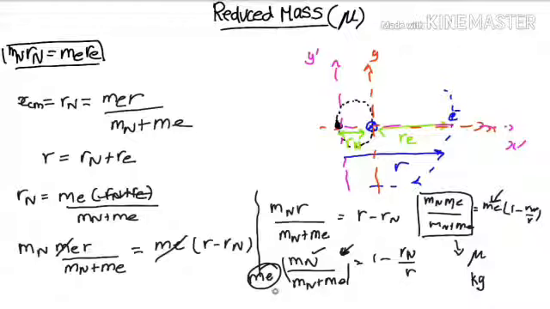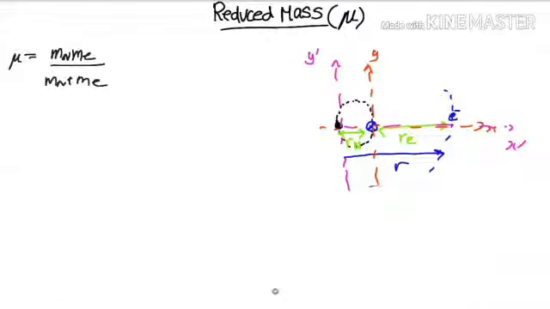This is similar to resistors connected in parallel. I will explain it in a minute here. Okay. So I've recently defined the reduced mass to be Mn, which is the mass of the nucleus, times Me divided by the sum of these two masses.